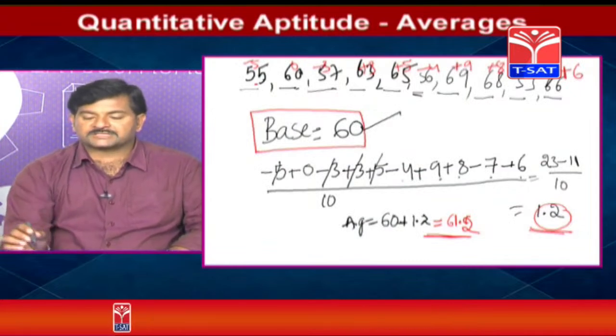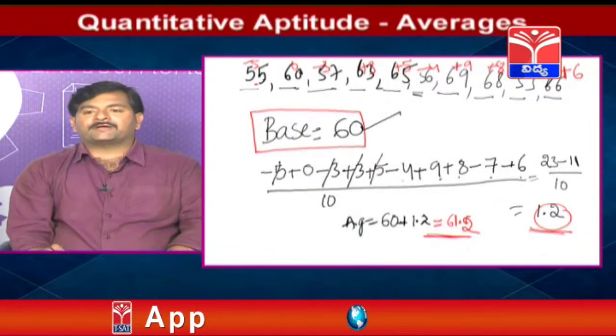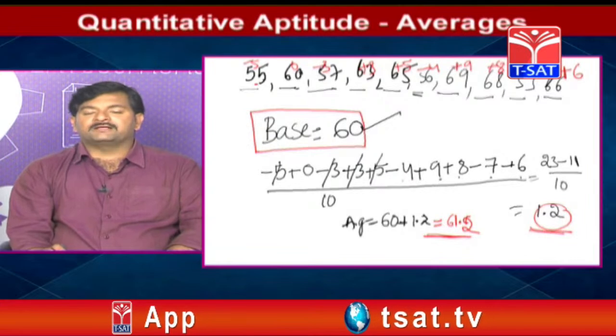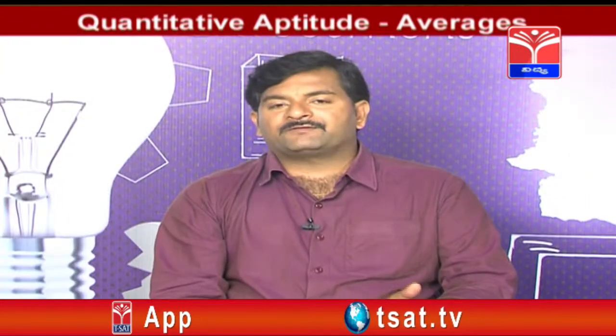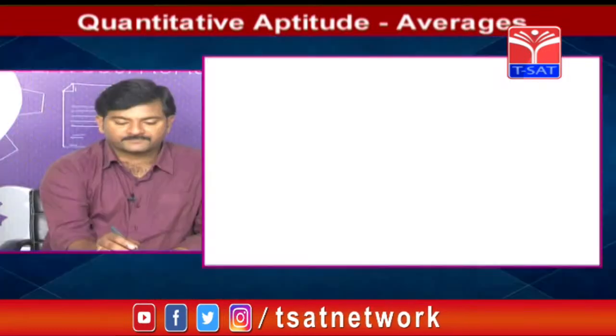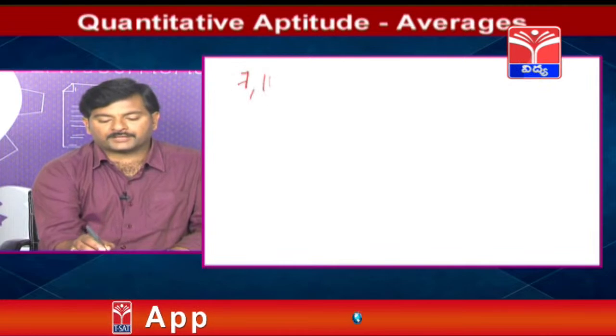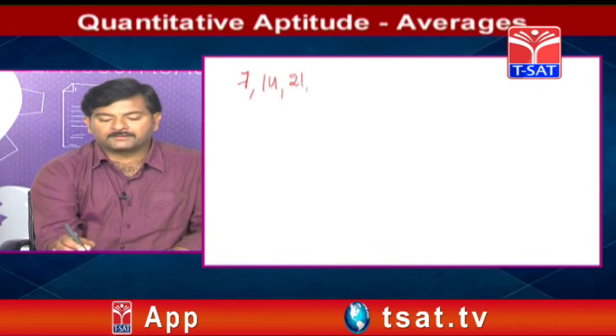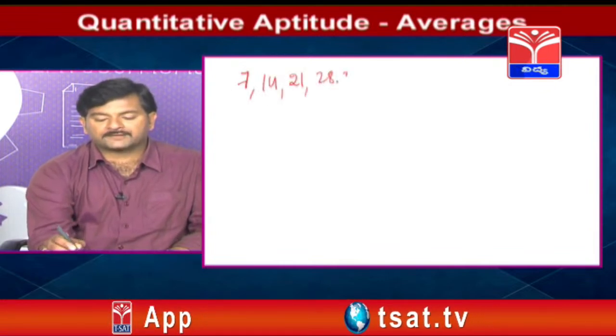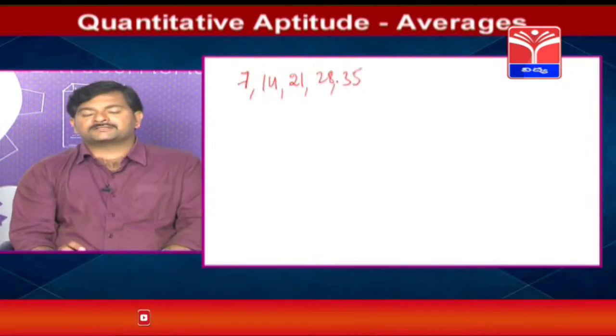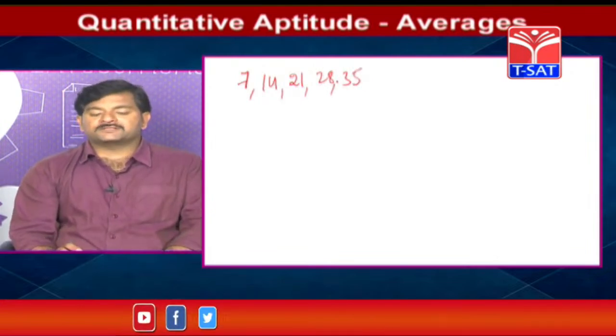To find the first 5 multiples of 7, what you will do is 7, 14, 21, 28, 35. These are the first 5 multiples of 7.